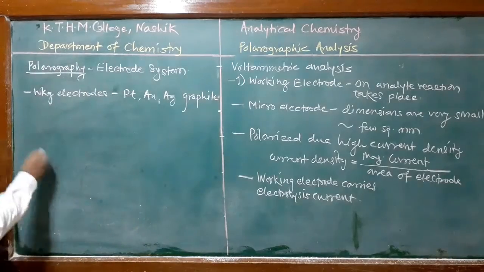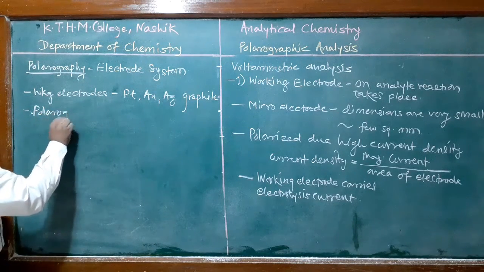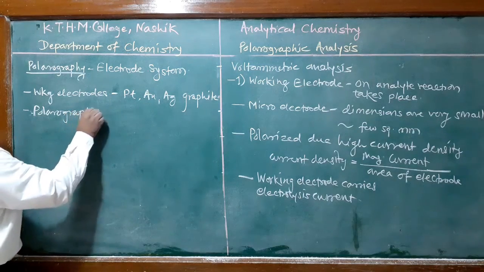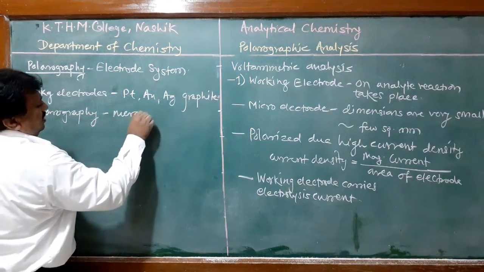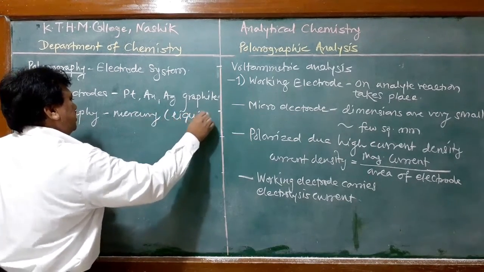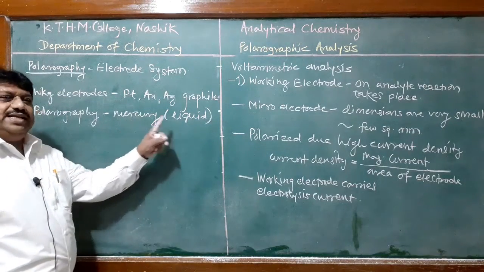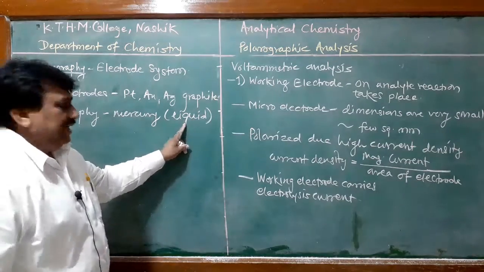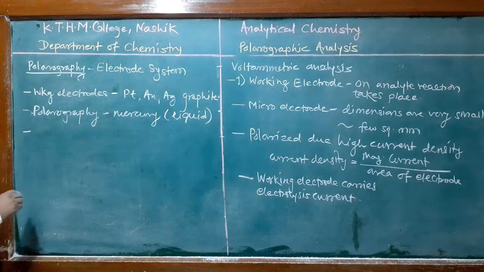But in the case of polarography, the working electrode is made up of a metal, that is mercury. Mercury is present in a liquid state, and therefore this mercury is dropped into the analyte solution and acts as a working electrode.